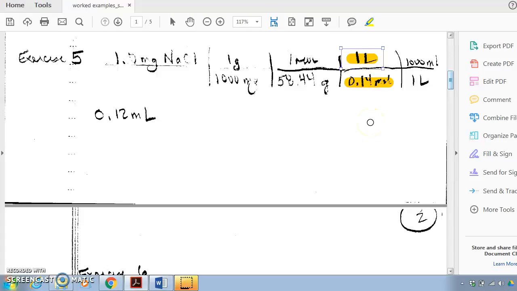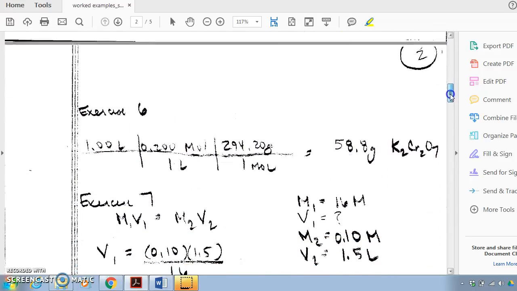You'll notice that the moles are in the denominator and the volume is in the numerator, because that's what we want to get, the volume that would contain that mass of that particular solute. So it's just another connection to the mole. It's another way to use the mole map. It's another relationship.